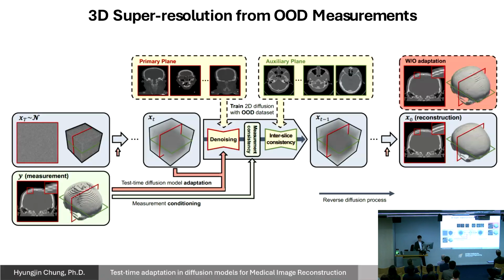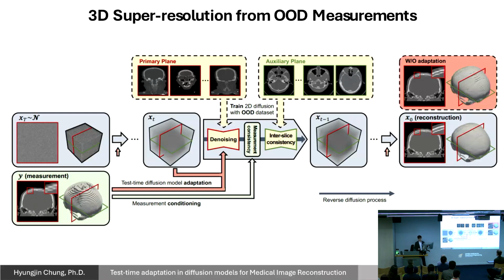And here we tweaked our algorithmic process, again resembling TPDM, where I noted that you can, in theory, use two different diffusion models, one for the primary plane where you do the super resolution, and one for the auxiliary plane. So you iterate between these two diffusion models.